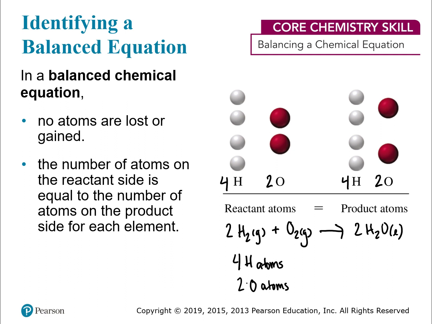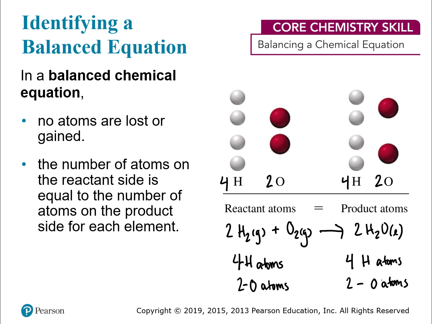That's not a 0. That's an O. I know it's a little confusing. And on the product side, it's the same thing. 2 times 2 is 4 hydrogen atoms. And we've got 2 times 1 for our oxygen. That is a balanced equation.